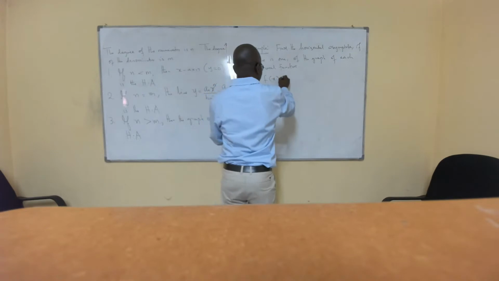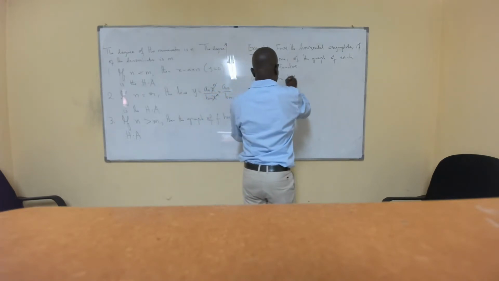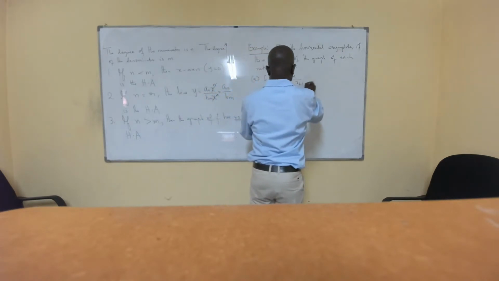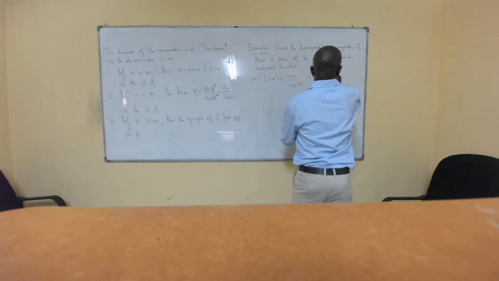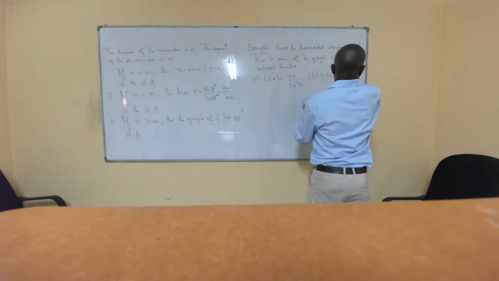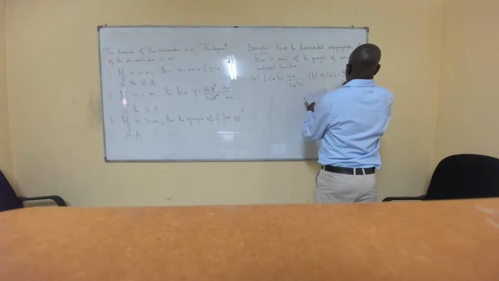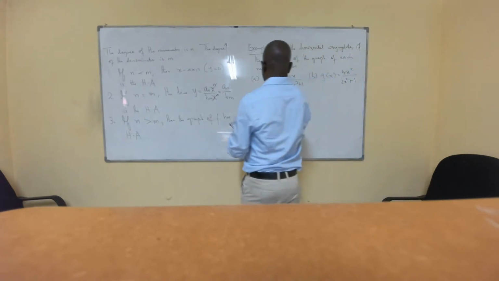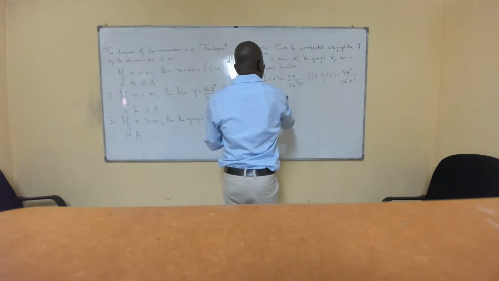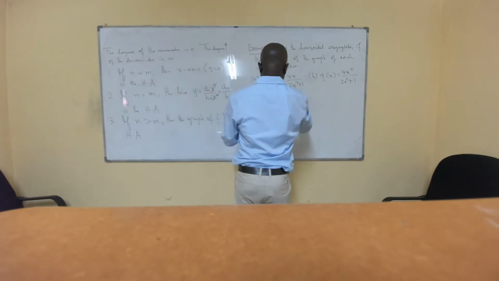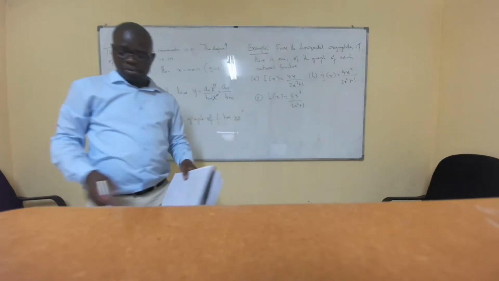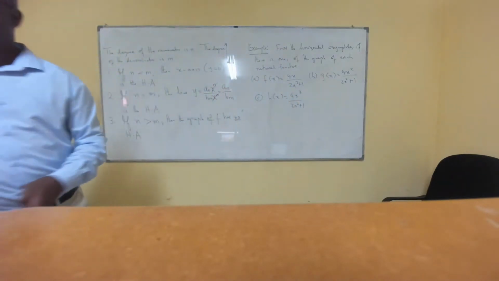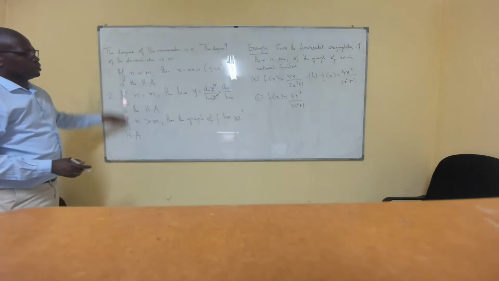A, f of x equals 4x over 2x squared plus 1. B, g of x equals 4x squared over 2x squared plus 1. And C, h of x equals 4x to the power 3 over 2x squared plus 1. So just implement what we have here.